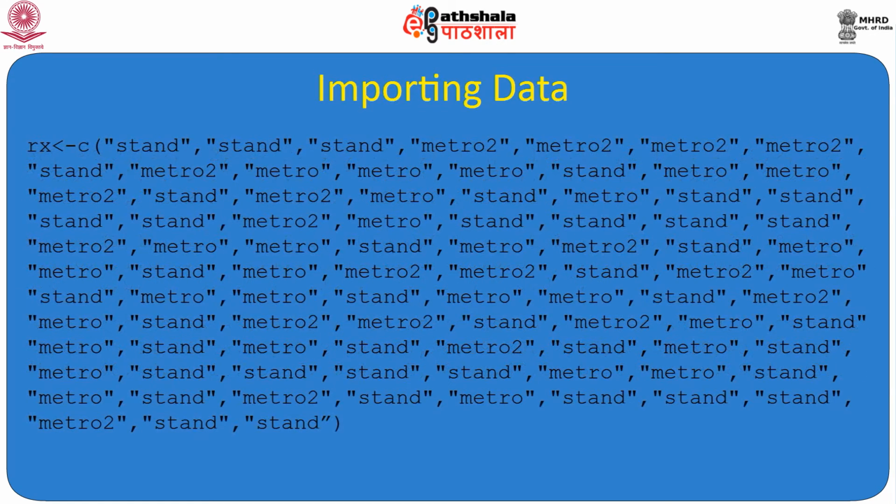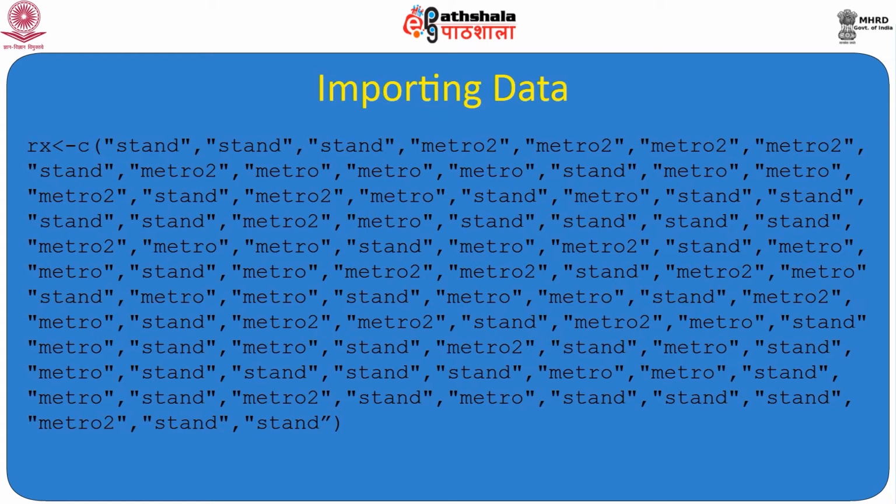Now we go to the next variable, which is given as RX. This is the type of therapy the patients were given. If they are given standard therapy, it's assigned as stand. If they are assigned the metronomic therapy, it's assigned as metro 2, and if they are assigned typical metronomic therapy, then it's assigned as metro.